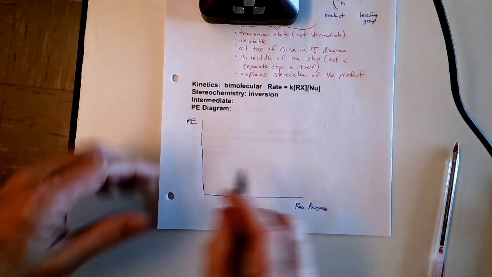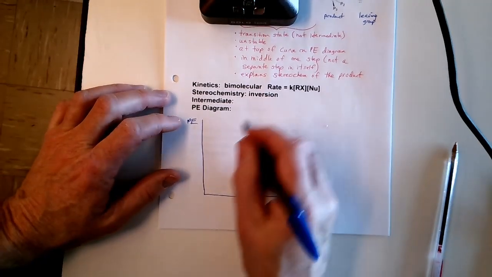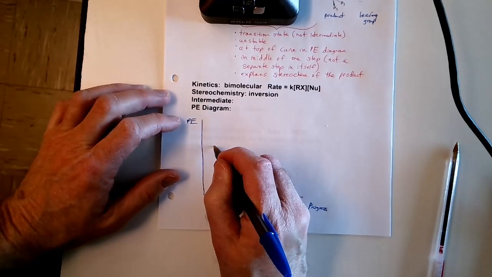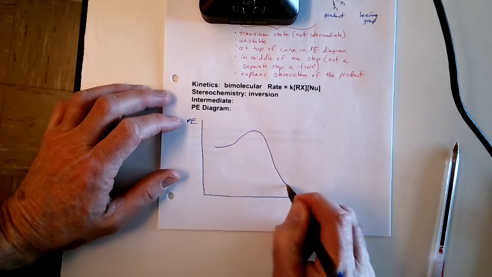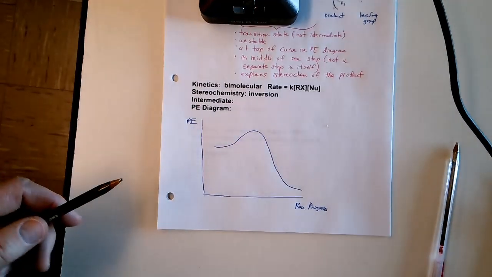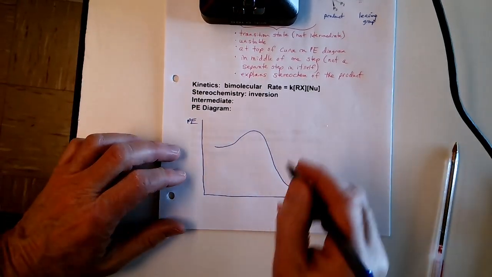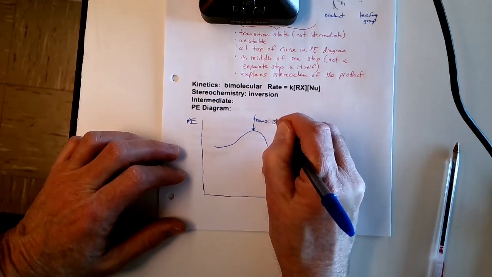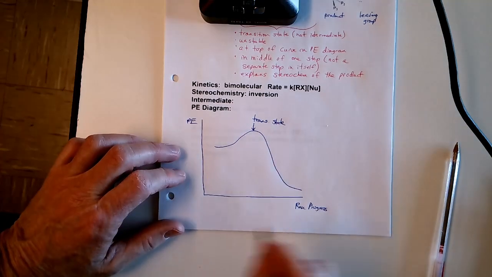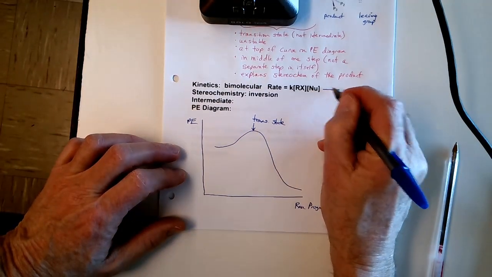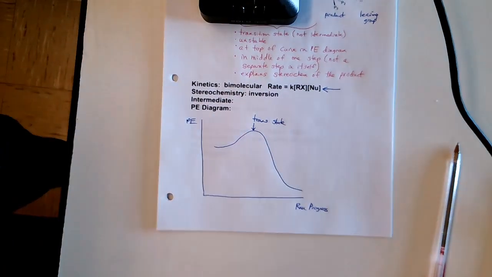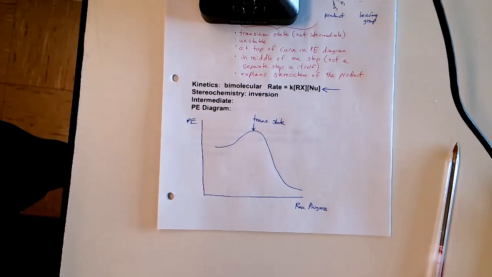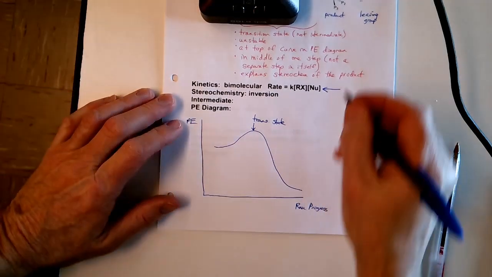This is one step, and it is spontaneous. That's pretty well known. Here's the transition state up here. Now, the reason we call this SN2 is that there really are two things that have to smack into each other in the slowest step.